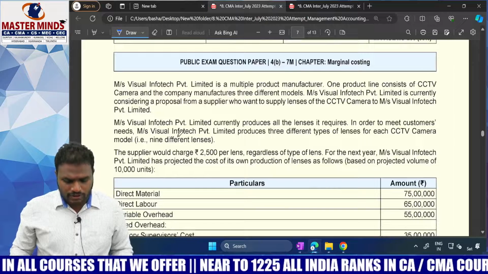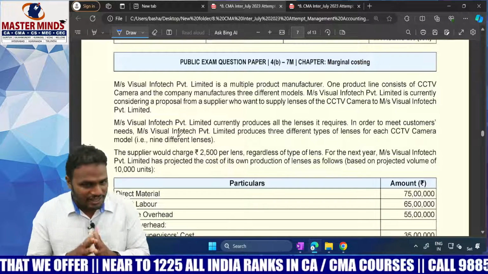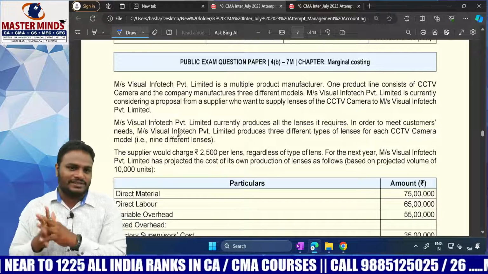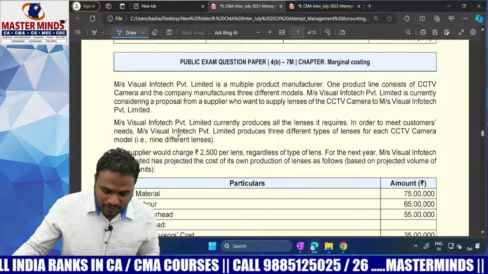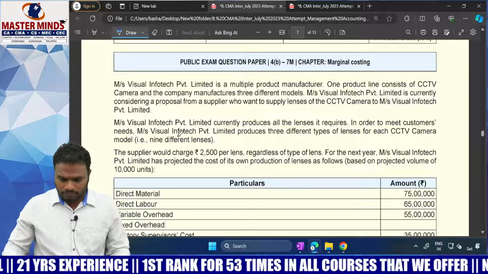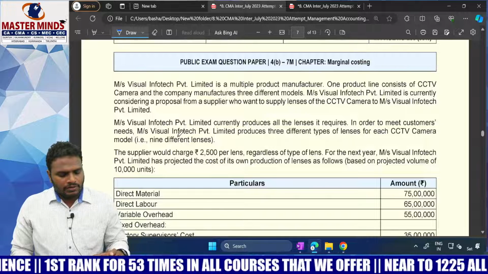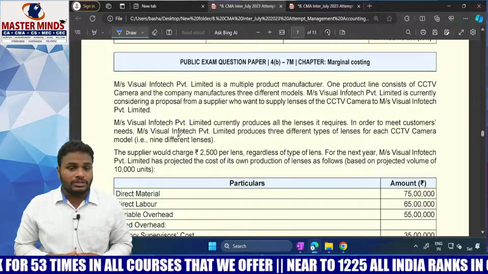The next question 4B, 7 marks, which is from again marginal costing, but this time this problem is on the decision making process. This is in Visual Infotech Private Limited. Visual Infotech Private Limited is a multi-product manufacturer.